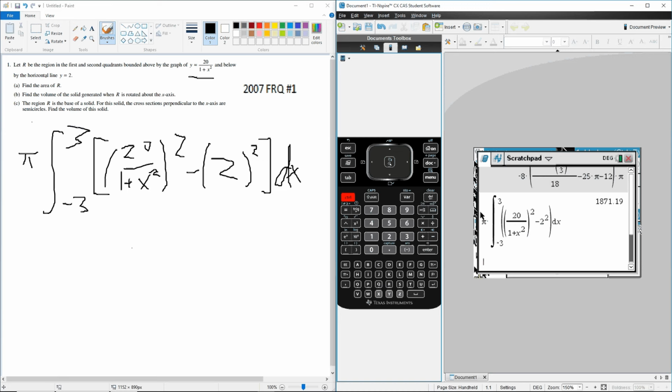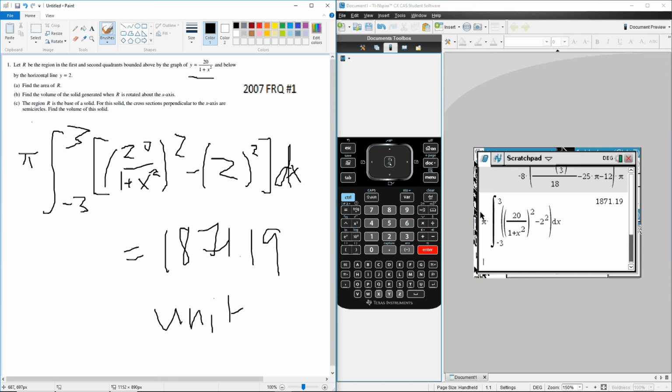We're going to skip by our exact solution and get that this is equal to 1,871.19. So that's going to be the volume. It doesn't ask for units, but we can just put units cubed, and that's going to be our solution for part B.